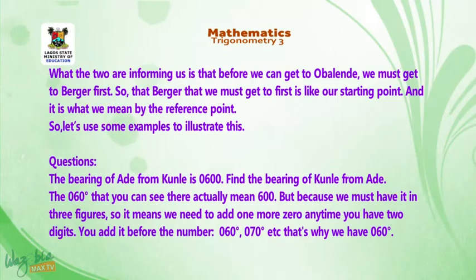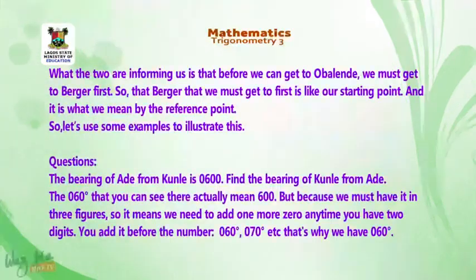What the two are informing us is that before we can get to Obalende, we must get to Bega first. So that Bega that we must get to first is like our starting point, and it is what we mean by the reference point. So let us use some examples to illustrate this.